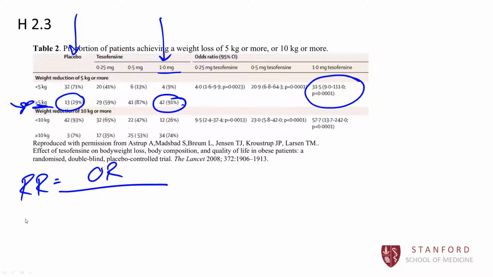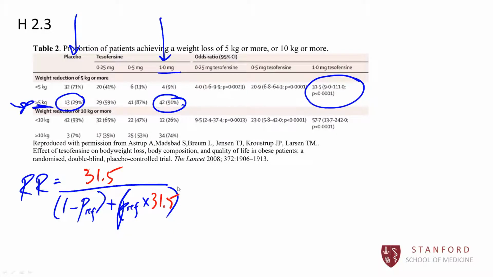The conversion formula is the risk ratio equals the odds ratio divided by 1 minus the probability in the reference group plus the probability in the reference group times the odds ratio. I'm just going to substitute what we know here. We know that the adjusted odds ratio is 31.5.